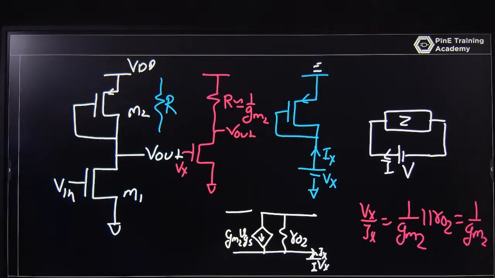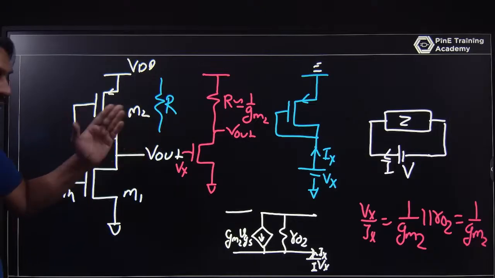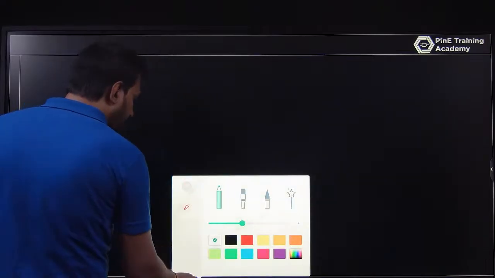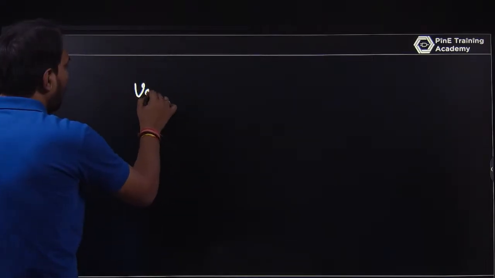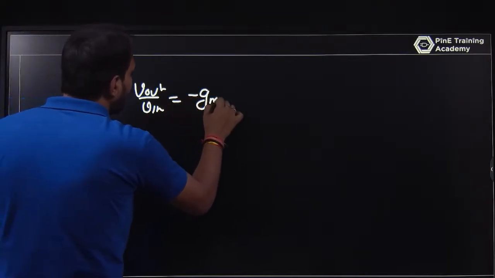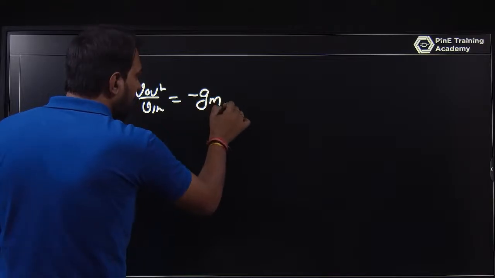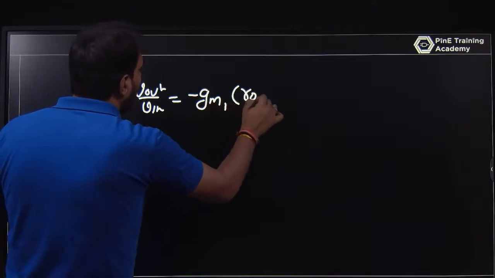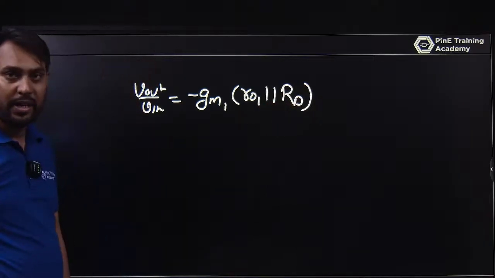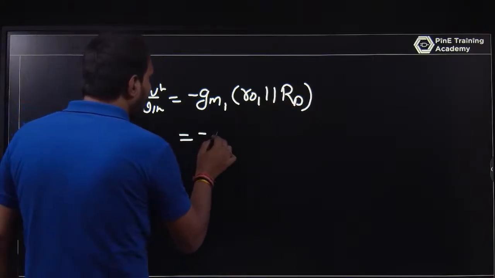Whenever you have an input voltage, you have a gain. What will be the gain when you have a resistance? The gain is Vout upon Vin, which in the previous case was minus GM1 times R naught 1 parallel of RD. Now RD has become 1 by GM2.